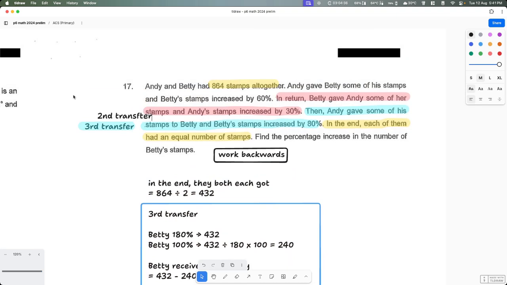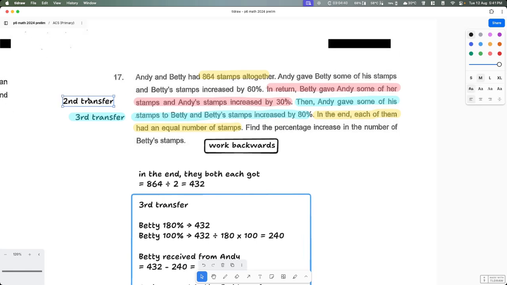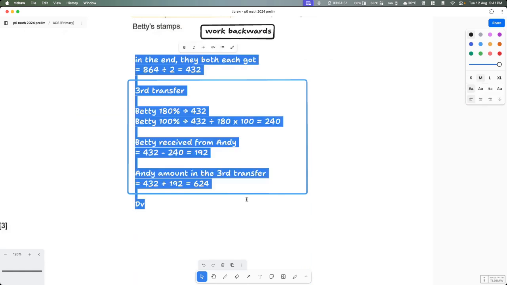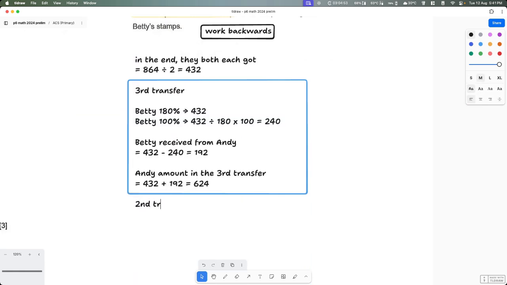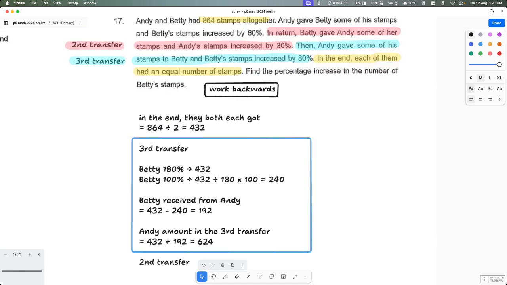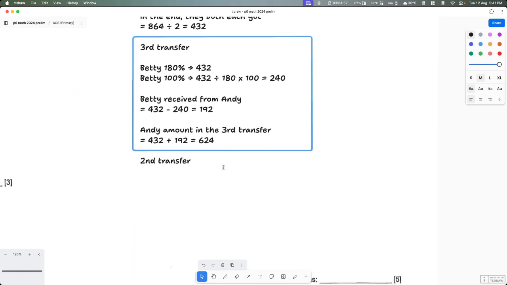From here, still nothing special, honestly. So this will then be just red. For the second transfer, that means Andy increased by 30%.